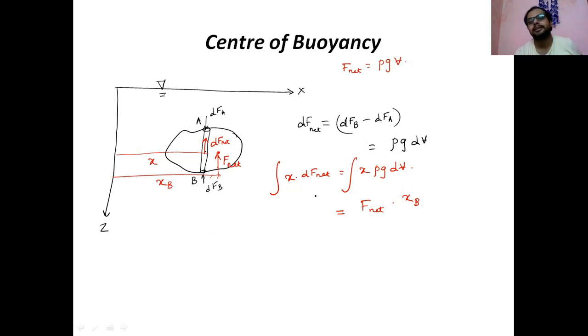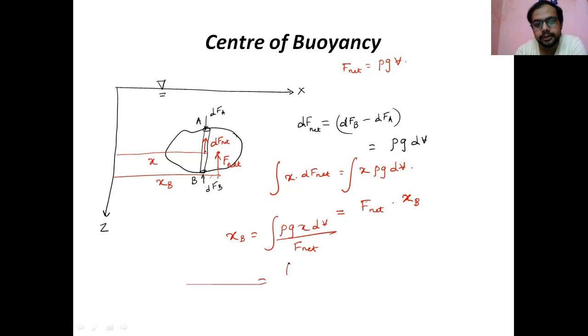This is nothing but the center of buoyancy. So XB denotes the X coordinate of the center of buoyancy. So in this way we are getting the center of buoyancy. XB is equal to the integral of rho G X divided by F net.